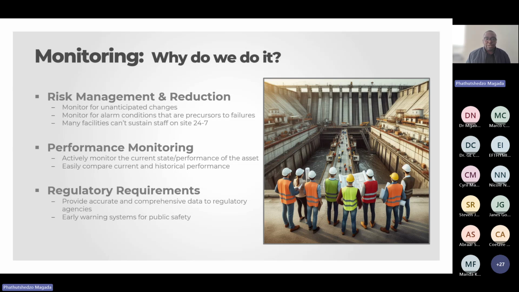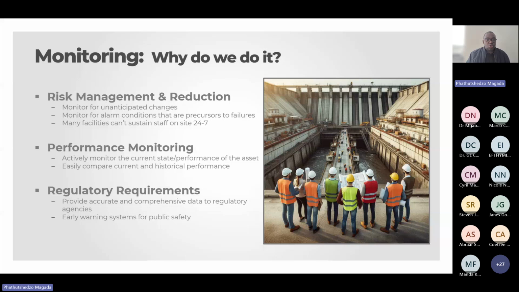Some parameters are not able to be seen by our eyes. So when we identify those parameters, we are able to manage the risk and reduce the dam failure, which can cause unanticipated changes, which can destroy the property, destroy the life.